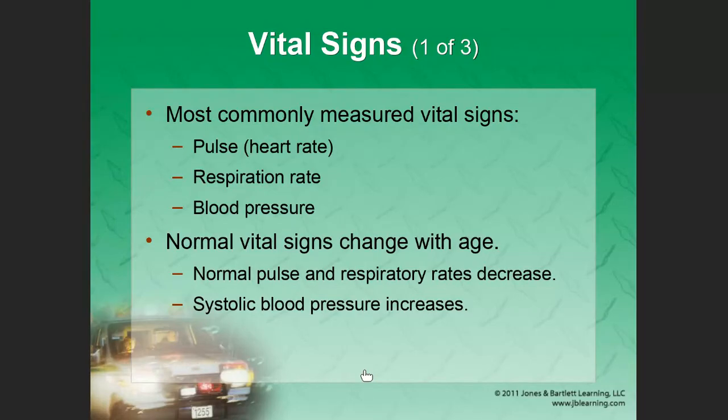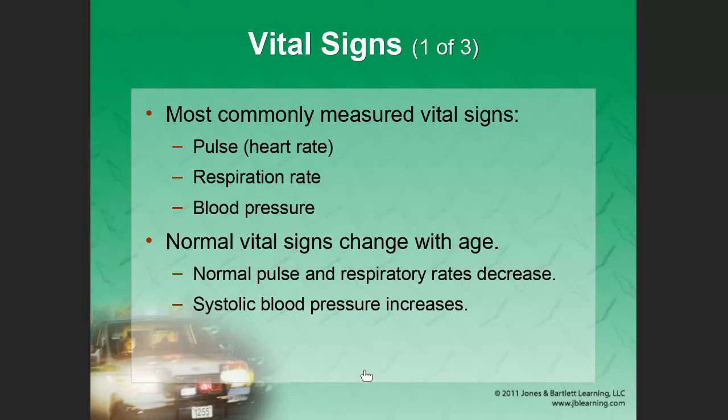So the normal breathing rate for an adult is 12 to 20 breaths per minute. For a child, you're looking at about 15 to 30. Infant 25 to 50, can go over 50. And these are numbers. The younger the patient, the faster the patient is going to breathe.